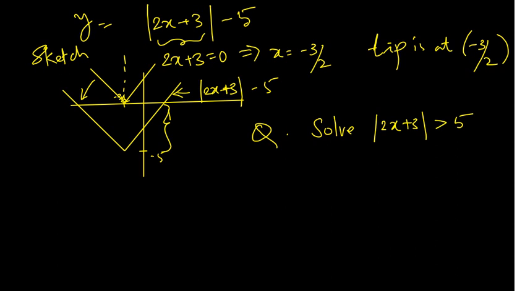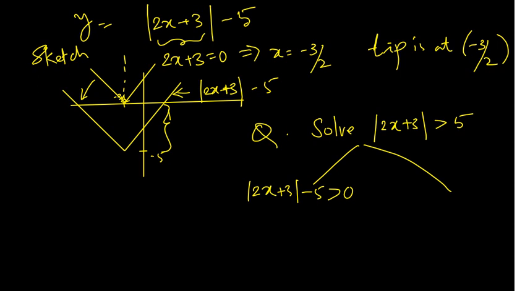So there are two ways of looking at it. One way is the way we have done previously, which means mod of 2x plus 3, get the 5 to the other side, minus 5, greater than 0. The other one is just solve as is, so you will have a 5 line.